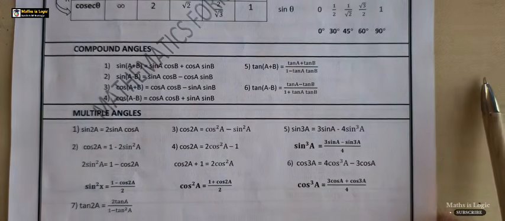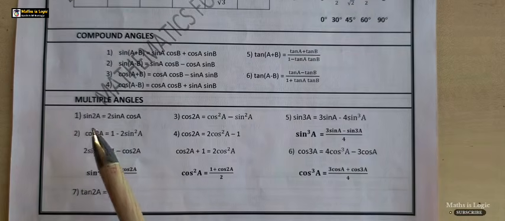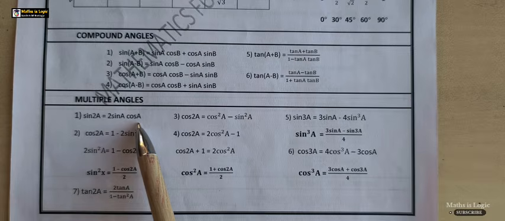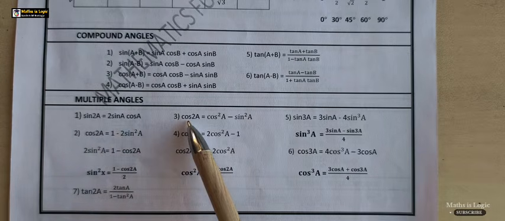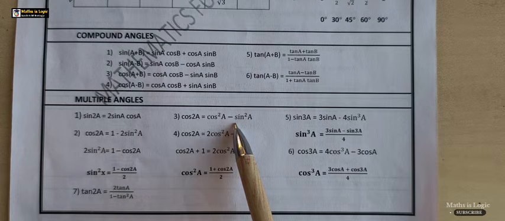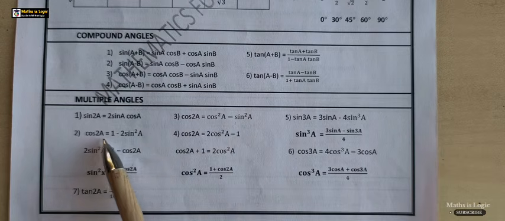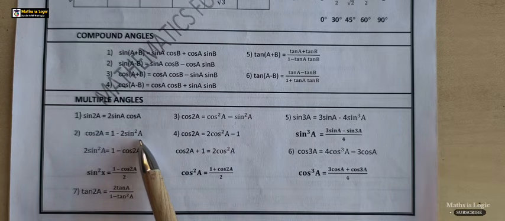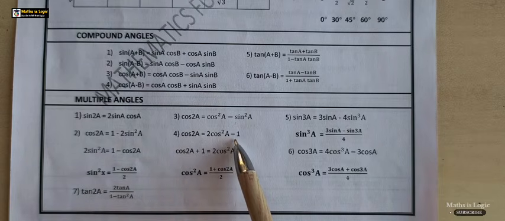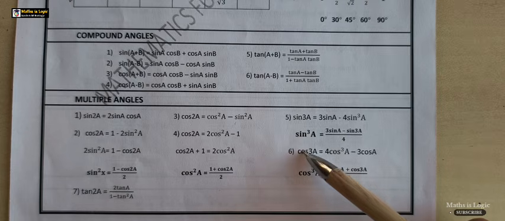Next, from multiple angles, direct proofs they will ask. You have to show sin 2A is 2 times sin A into cos A. Next, show that cos 2A is cos square A minus sin square A. Show that cos 2A is 1 minus 2 sin square A. Show that cos 2A is 2 cos square A minus 1. Next, these two are important for 10 marks questions.